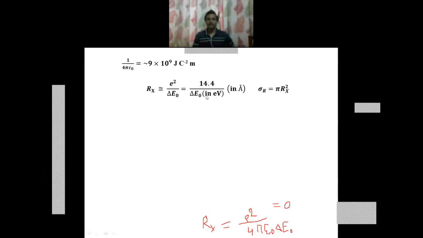If you put it in electron volt and convert, you are going to get the value in angstrom, right? Once you know the Rx value, you should be able to get the reactive cross section for the Harpoon mechanism, which is pi Rx square, right? That's what we discussed in the last class.